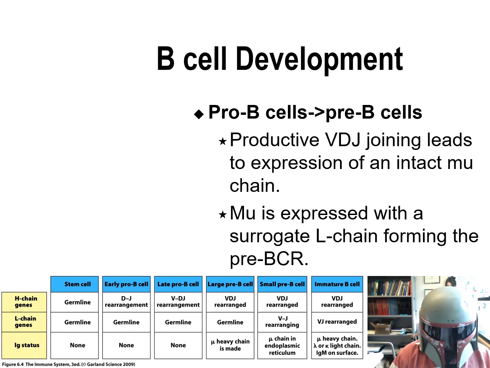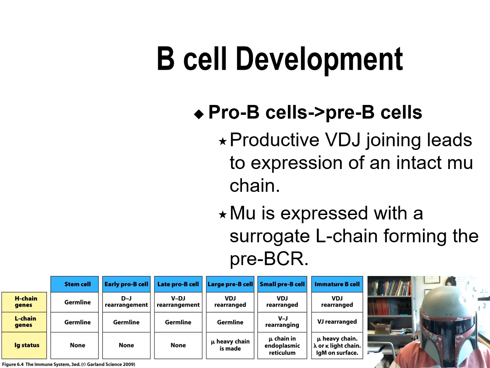Get my highlighter out. So the first things first, we're going to do the first constant region, which if you remember was mu. And then as that develops, it's got to have a surrogate light chain to go with it so that it can signal from the surface.